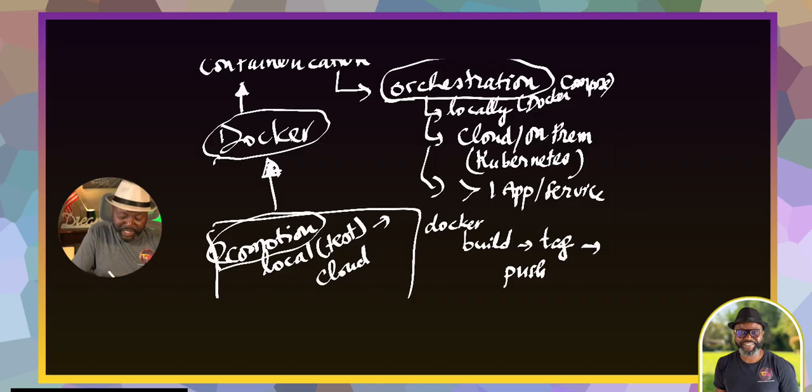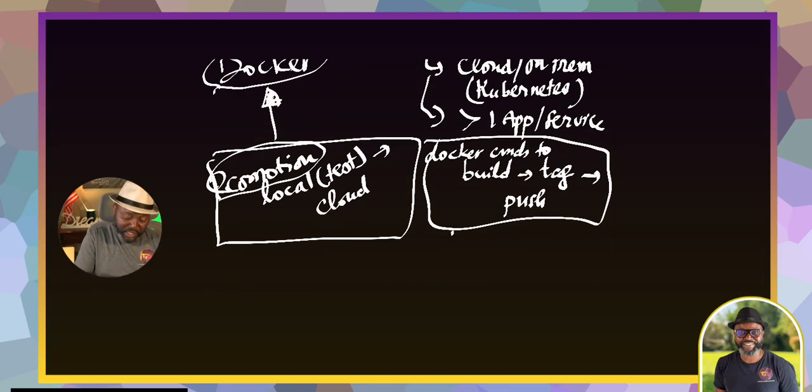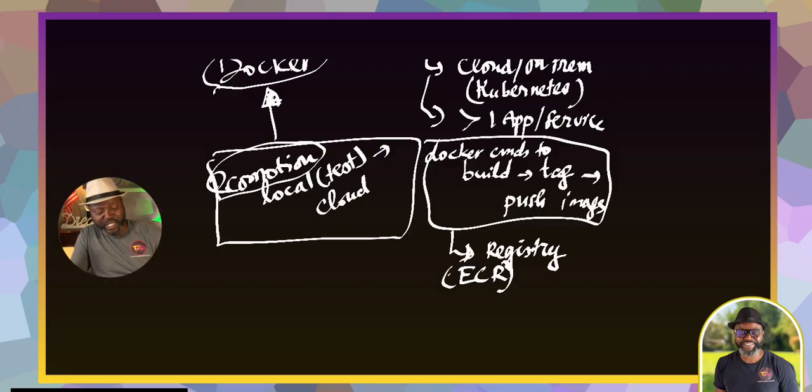You use Docker commands to do this. And this is where we talked about registry. So you build, tag, and push images to a registry, any type of registry. In our case, we've been using ECR.